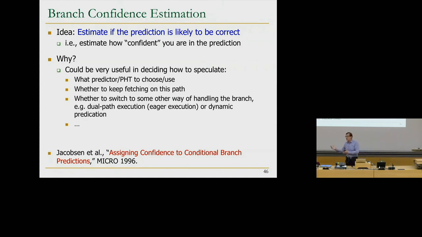Or you could switch to some other thread at that point. If you have the ability to do that, that might be a good idea, right? Even though you're optimizing for this thread's performance, you say, I'm at a point I'm really not confident, so maybe I should really switch to some other thread at this point, right? So there could be many, many uses of this confidence estimation. It was proposed over here, and if we get to it, we may actually see it. So it's very similar to how humans behave, in my opinion.